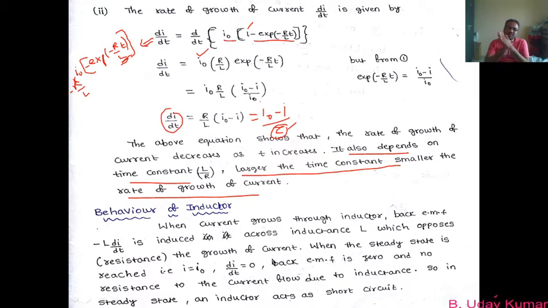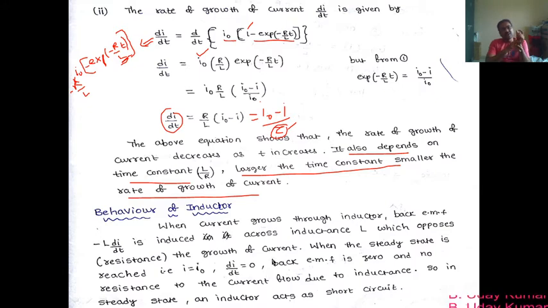Whenever switch S is connected to A, because of EMF E, the current starts growing. This growing shows that the current is varying. Whenever the current is varying or changing, it need not be growing. Even if it decreases, it is also a case of changing.